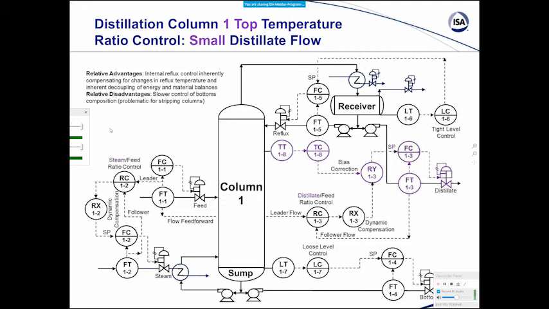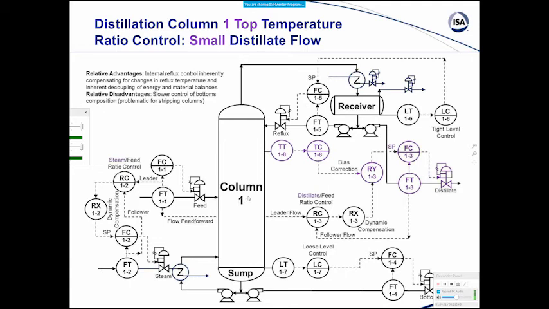The disadvantage here is the slower control of bottoms composition, and that could be problematic for stripping columns where they're typically interested in controlling the bottom composition. And there's a dynamic compensation required for feed forwards here, so that's something you typically need some software to help you with.